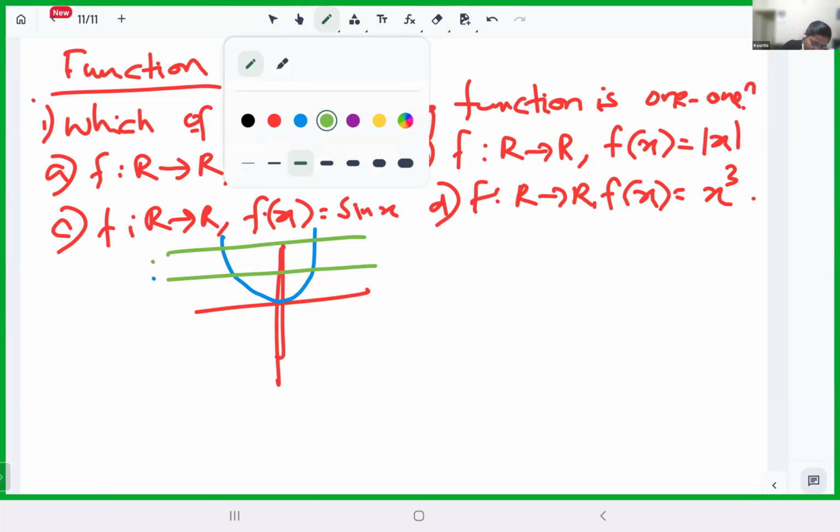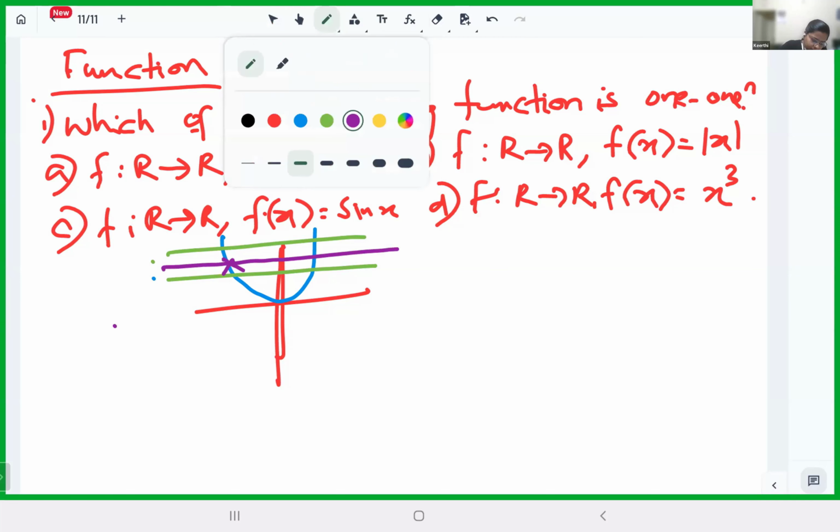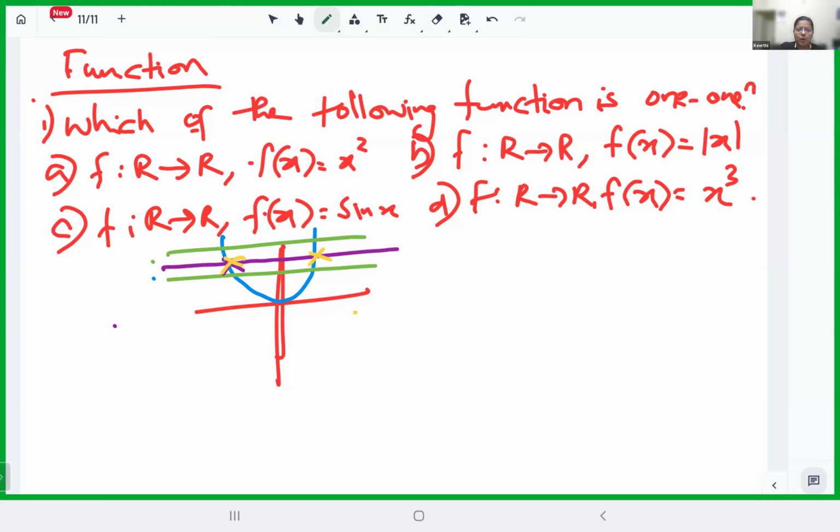Here you can see that if I draw a horizontal line like this, it is touching the graph in this point as well as in this point, right? In 2 points. So we can say that the function is not 1-1.